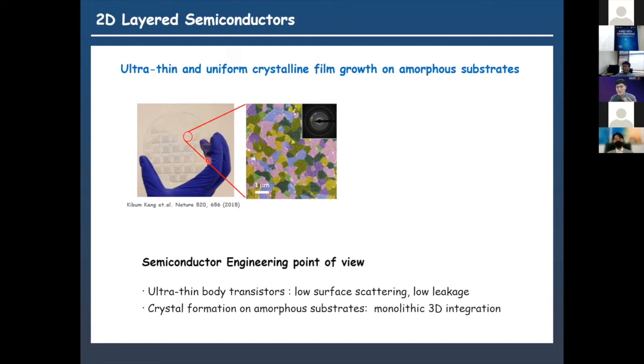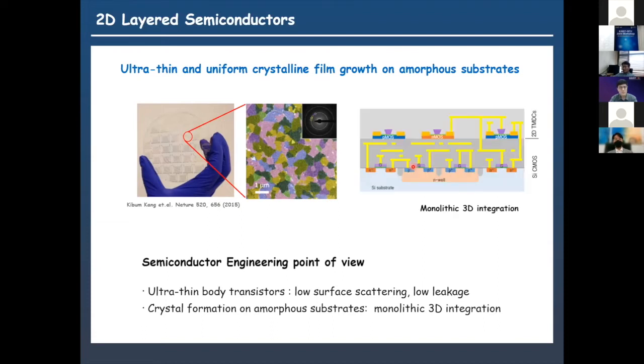This material is basically crystallized well with an ultra thin thickness, which is very amazing. Using this property, we can stack another channel material on the CMOS circuitry so that we can stack up and generate 3D integrated circuitry.